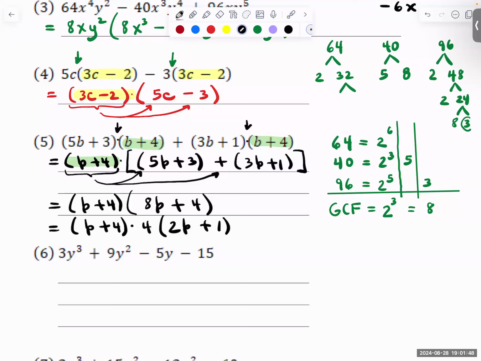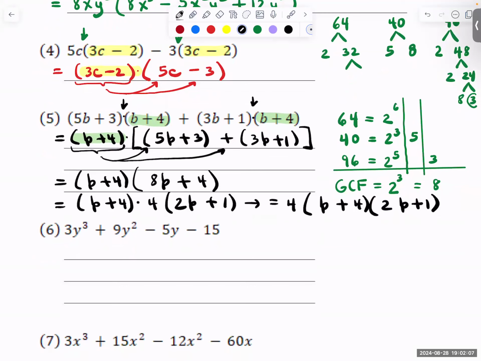So that is a perfectly correct answer, but it's common to write the factor of 4 first on the far left, times b plus 4 times 2b plus 1. Both binomials are prime polynomials, cannot be factored.